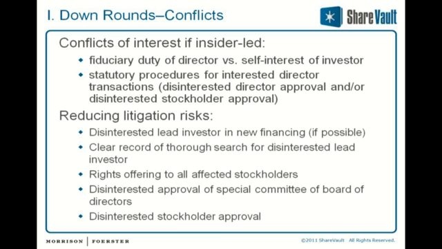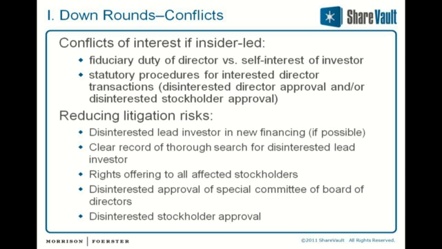So there are a series of statutory procedures that your lawyer can help you work through, and this is important whether you're the entrepreneur and on the company side of the table, or whether you're the investor. In both cases, you want to really minimize your litigation risk. And you'll see at the bottom of the slide 5 common bullet points. Sometimes you can achieve these things, sometimes you can't. A disinterested lead investor goes a long way, especially if that disinterested lead serves the price-setting function.